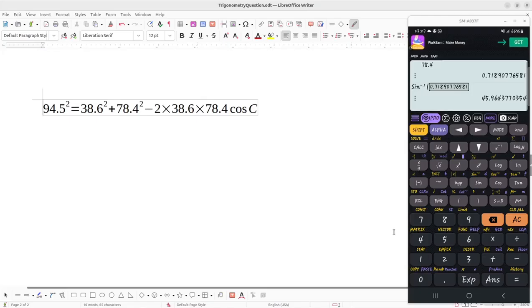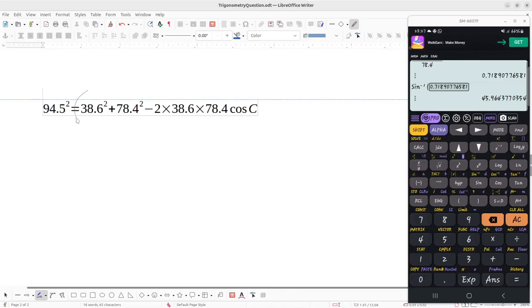What we are going to do here is take these two to the other side, to this side here. And then you are going to get something that looks like this.